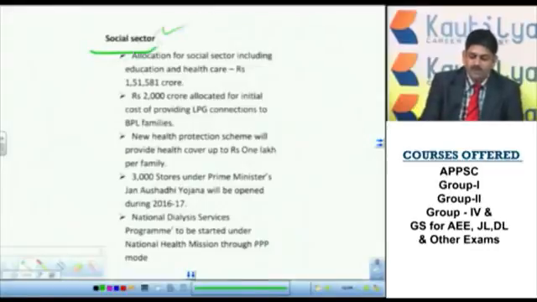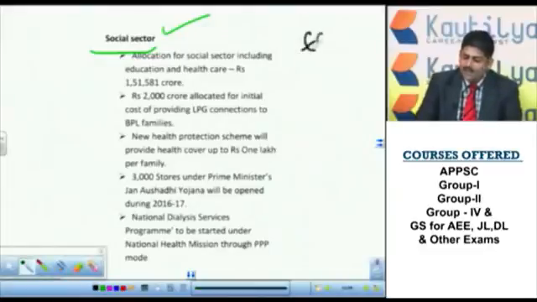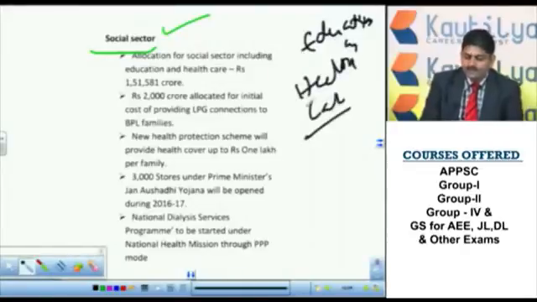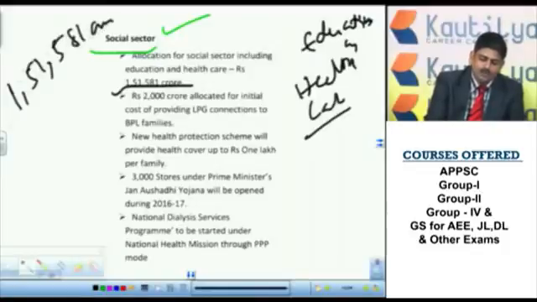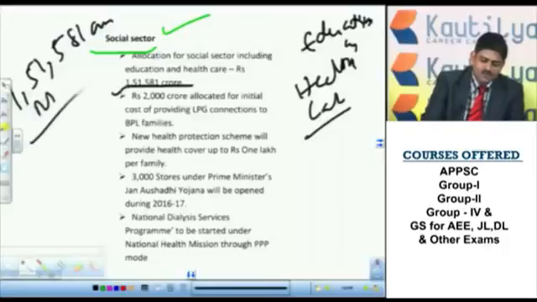Now, if we move to the social sector, here we included both education and healthcare. This sector attracted ₹1,51,581 crore.